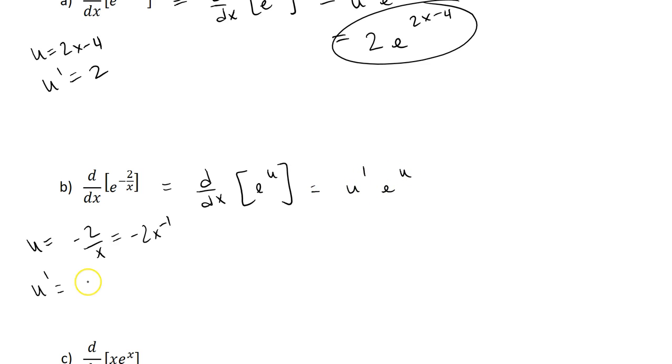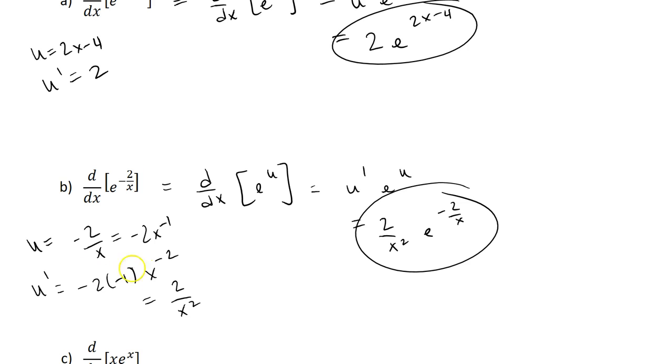So u prime here is going to be negative 2 times negative 1 x to the negative 2, or 2 over x squared. So this derivative ends up being 2 over x squared times e to the negative 2 over x. Now if you thought this might have been the natural log, you're thinking of the integration. The integral of 1 over x is the natural log of x, not the derivative.